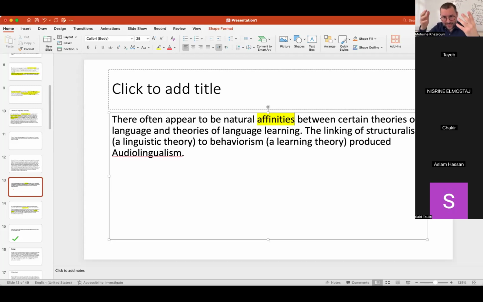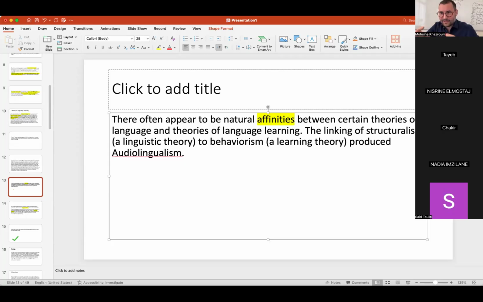Then we should have a similarity, or there is indeed an affinity, between language theory and the learning theory. For example, Saeed, structuralism and behaviorism. So together, there is an affinity between them.